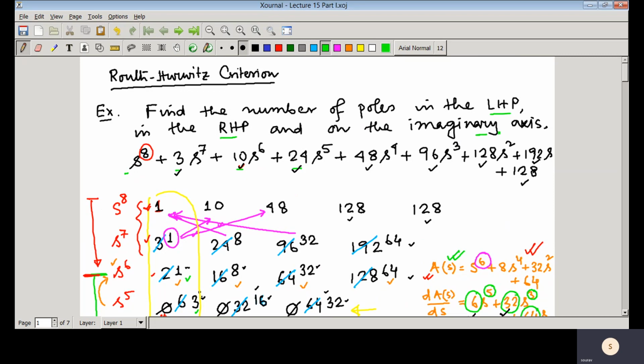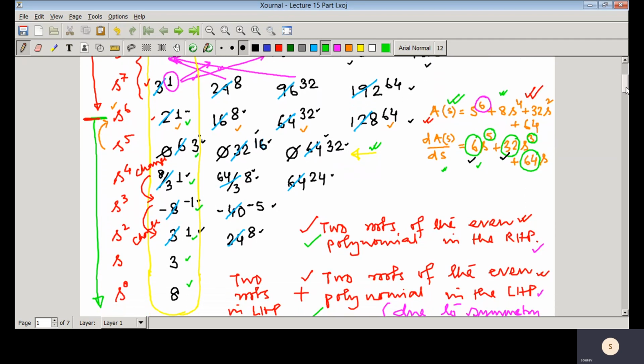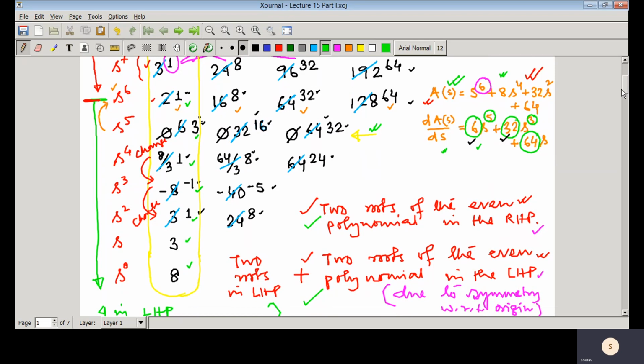And in this particular example we faced that particular problem, that one row becomes completely zero. So in that case we have taken that auxiliary polynomial and then we have taken derivative and replaced the zero by those coefficients and then we proceed. And in this particular example I have shown that we can also take that common factor, the positive numbers, and then we can proceed, so that forming a Routh table becomes easy.